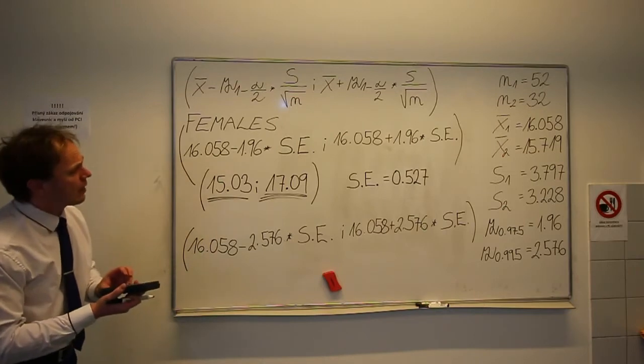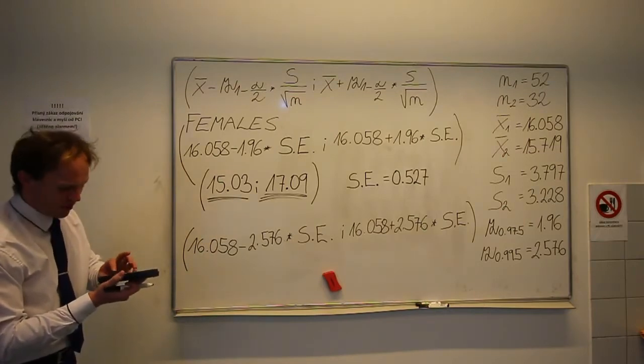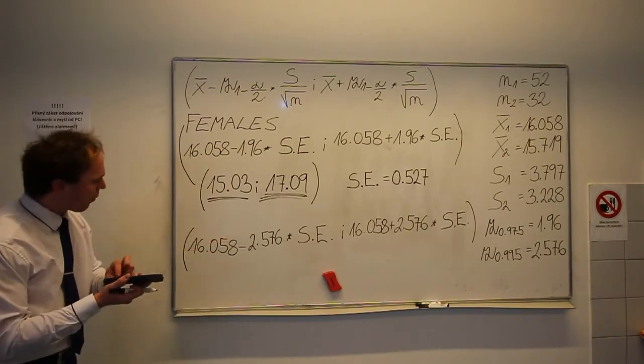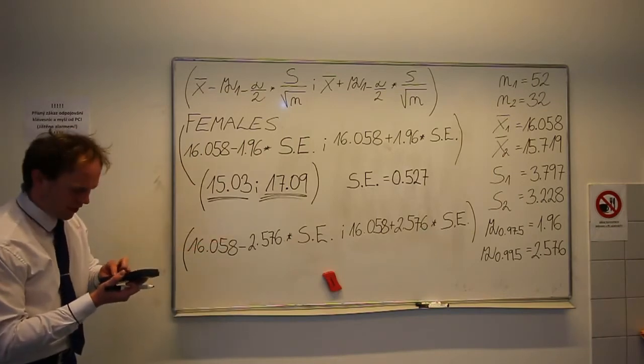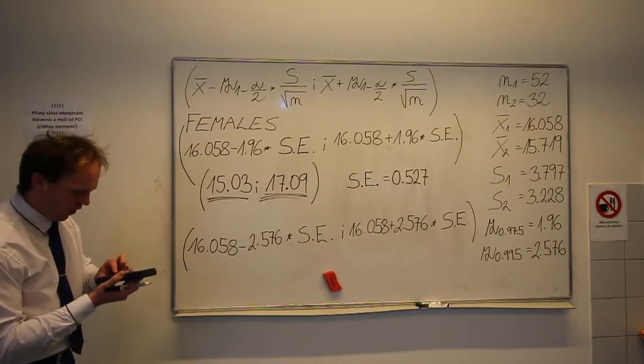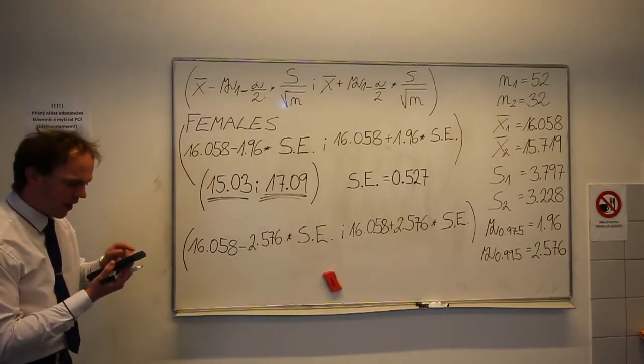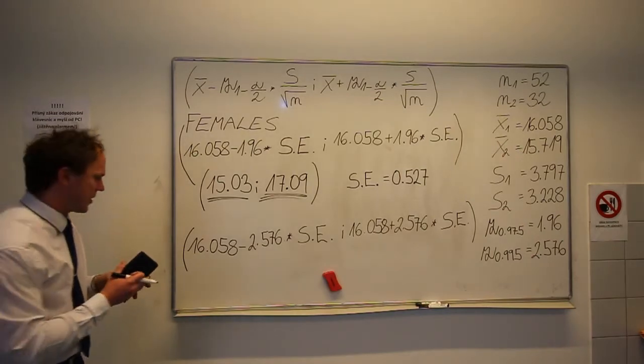Okay, so again, sample error 0.527 times 2.576. Okay, 16.058 minus this value, left side, 14.70.